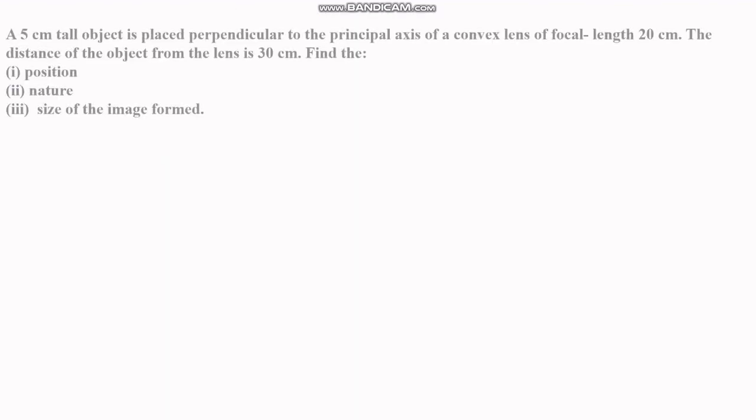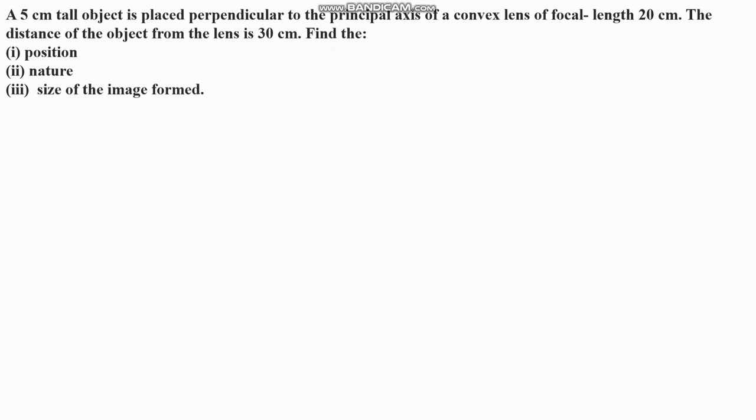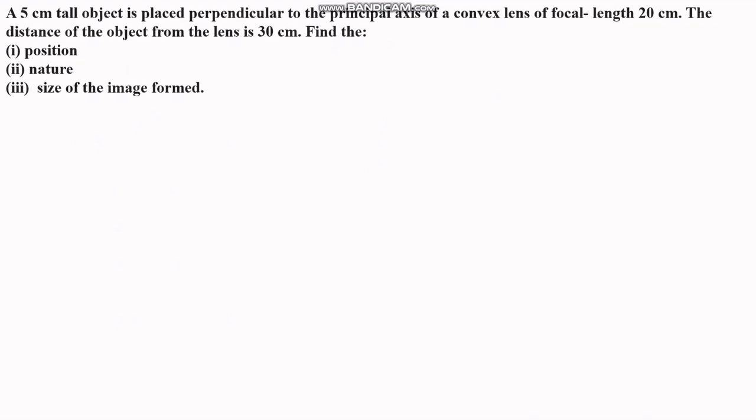So now the next question. A 5 centimeter tall object is placed perpendicular to the principal axis of a convex lens of focal length 20 centimeter. The distance of the object from the lens is 30 centimeter. Find the position, nature and size of the image formed. So over here, which lens is given to you? You are given a convex lens.